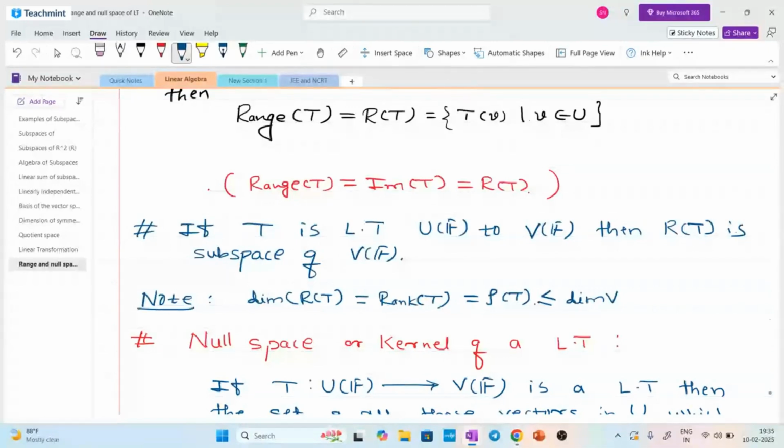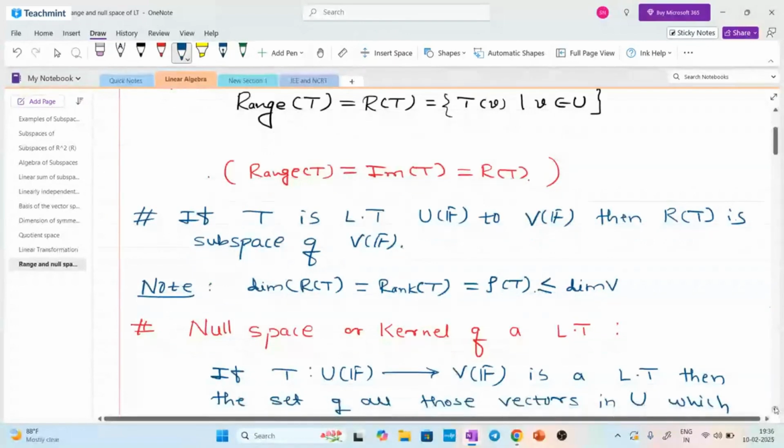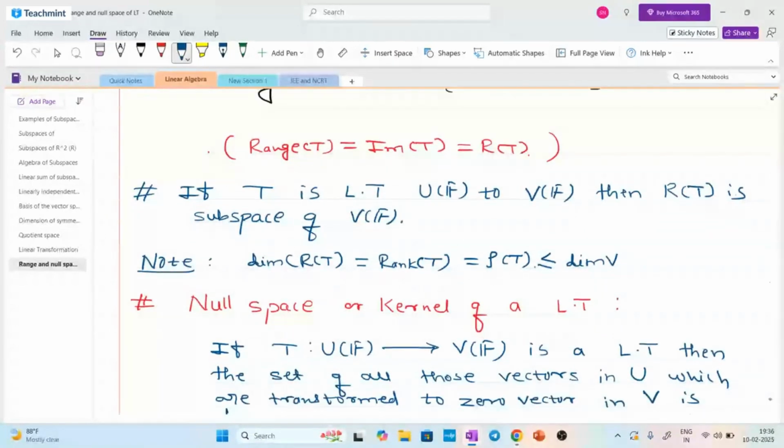Remember, the range of T forms a subspace of the codomain vector space V of F. What happens is that a subspace is formed. Okay, range is always a subspace of the codomain vector space.